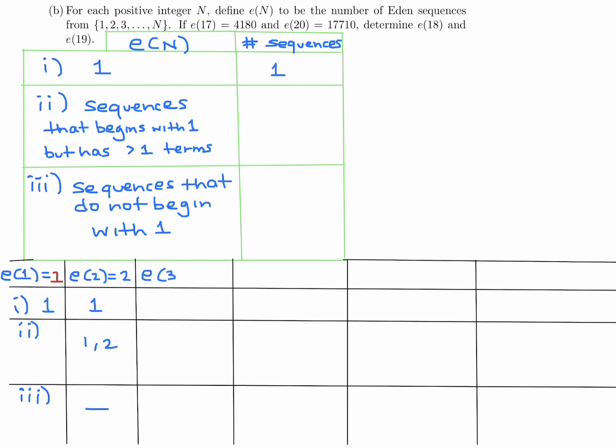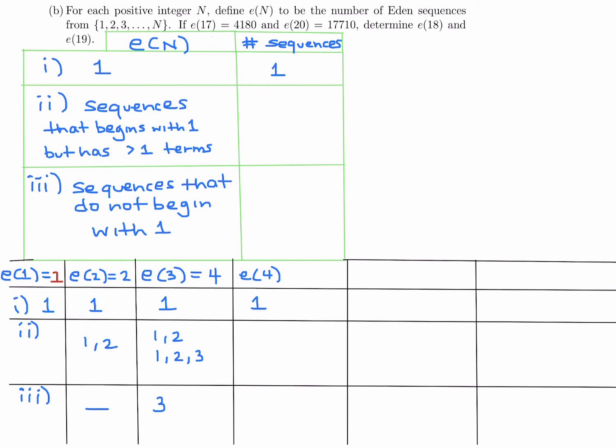Now let's turn our attention to E_3. That one, this of course is always 1. For E_3, we can get 1, 2, or 1, 2, 3. And for the third category, just 3 by itself. That would mean 4 is the value for E_3. Okay, moving right along. How about E_4?